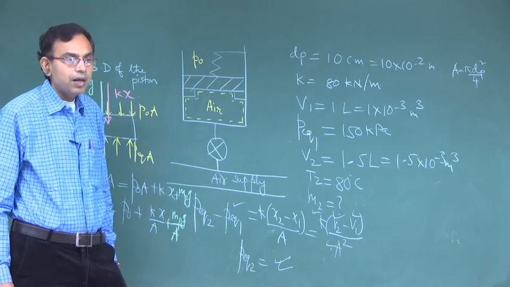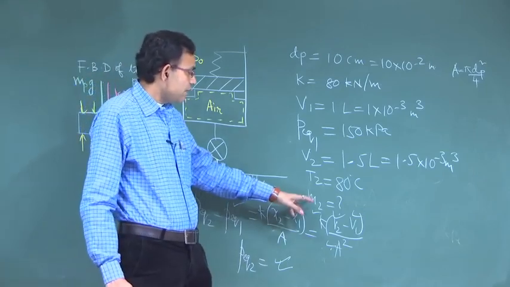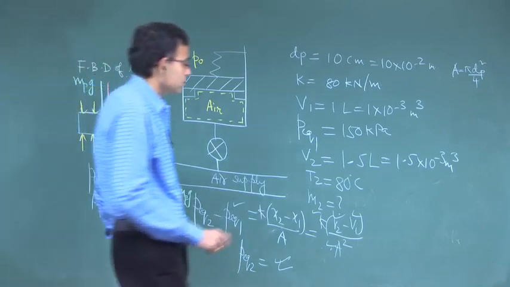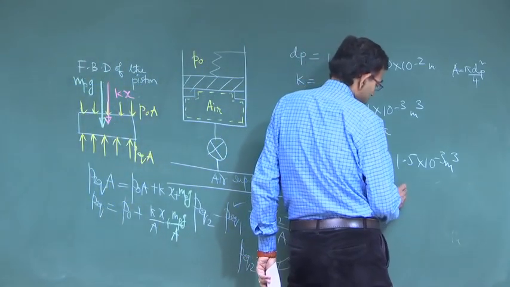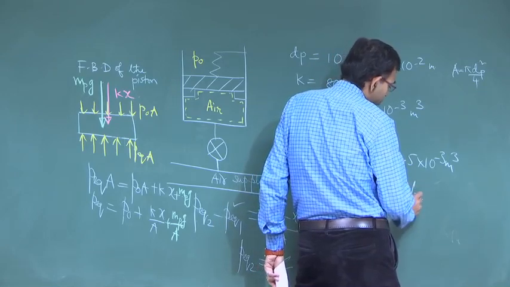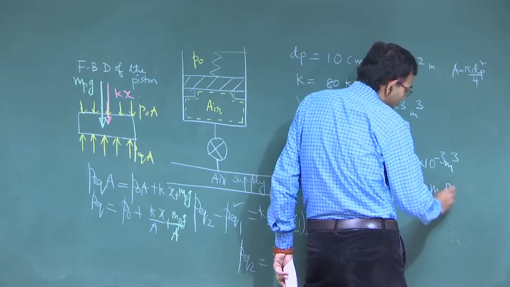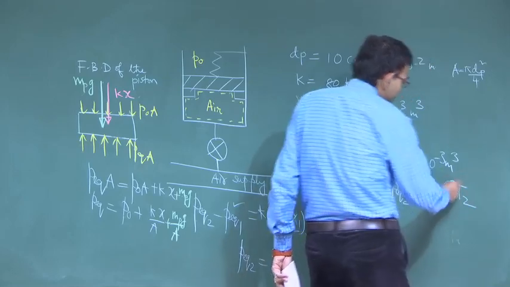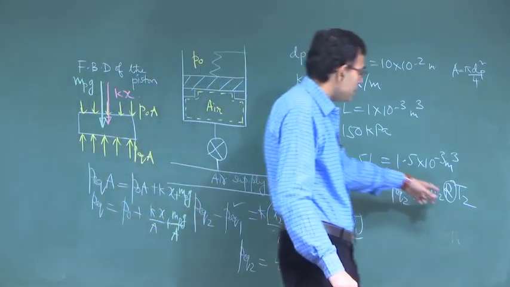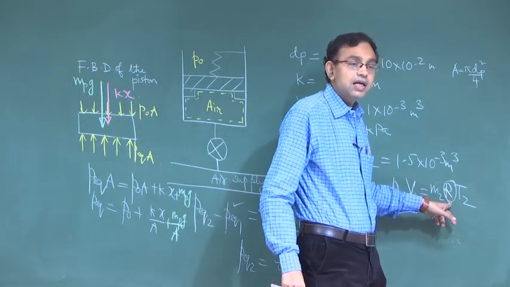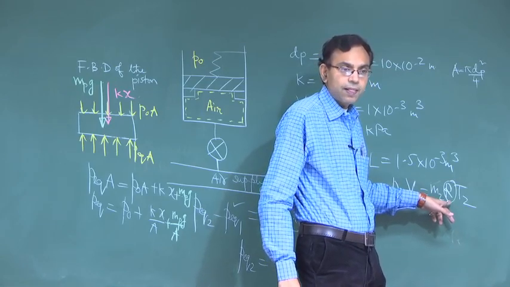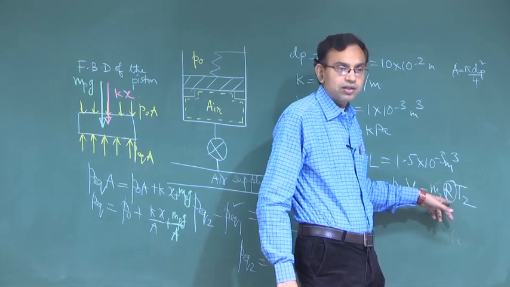Once you get P equilibrium 2, it is very easy because P equilibrium 2 into V2 is equal to M2 R T2. What is this R? Again coming from school, students confuse. This is not the universal constant, this is the universal constant divided by molecular weight. Okay. So, this is the specific gas constant.